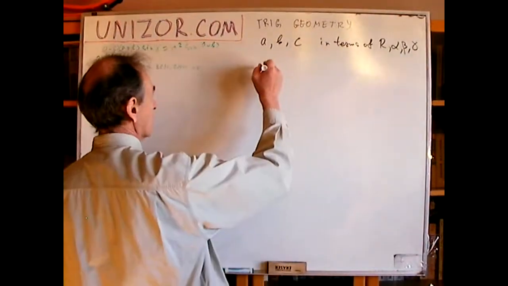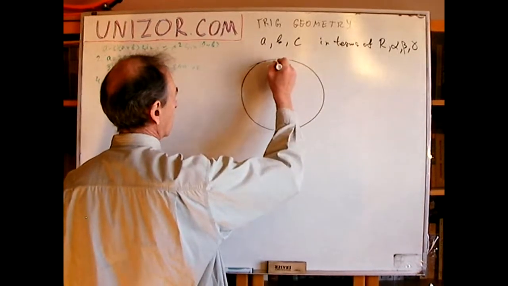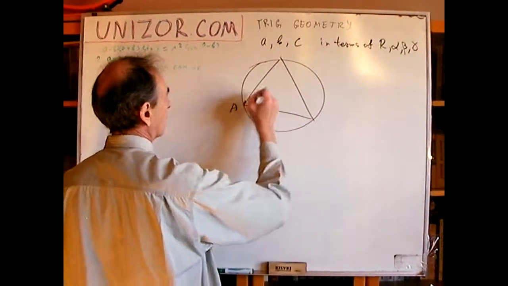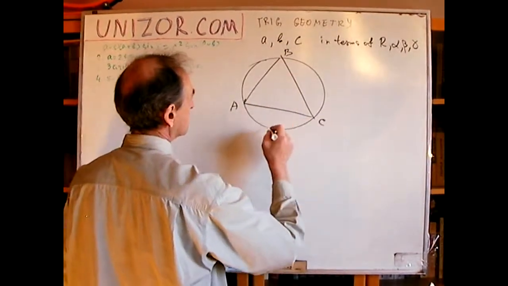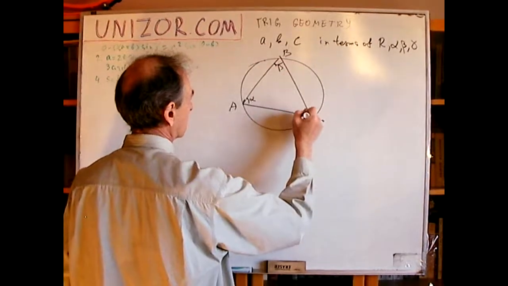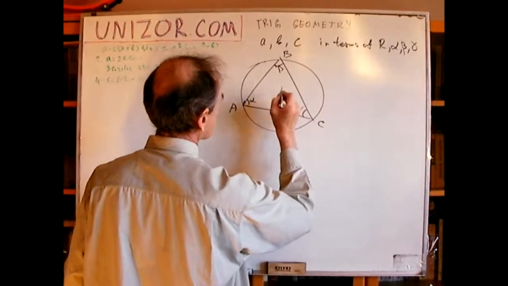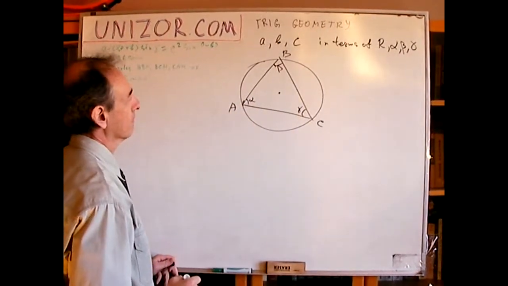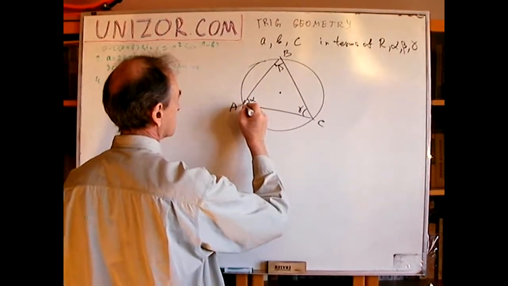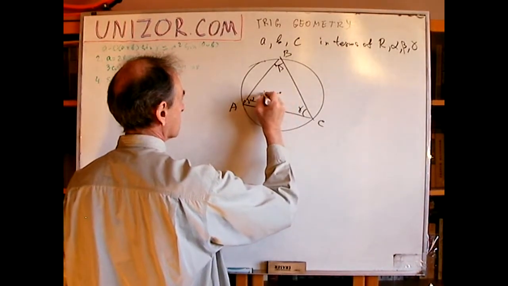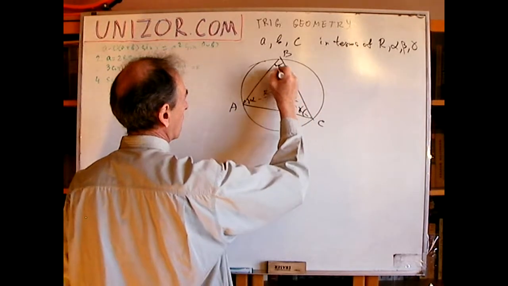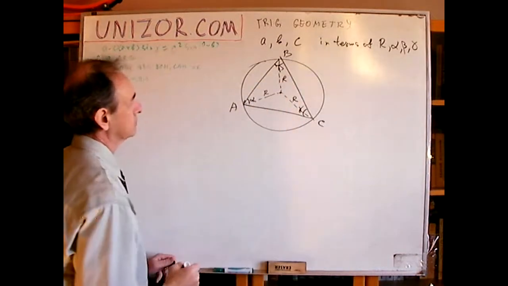Okay, so if you have a circumscribed circle around the triangle A, B, C, with angles alpha, beta, gamma, this is the center. So let's use this one. So this is R, this is R, and this is R. Okay?